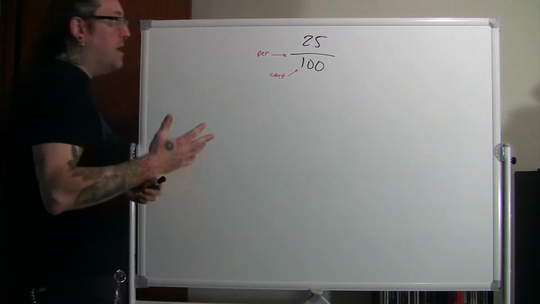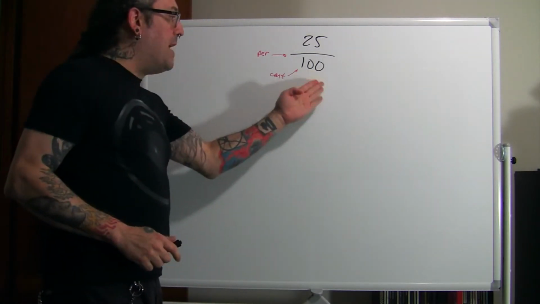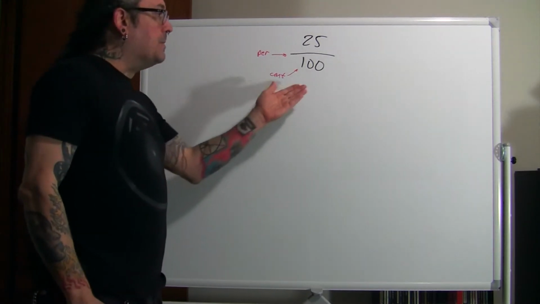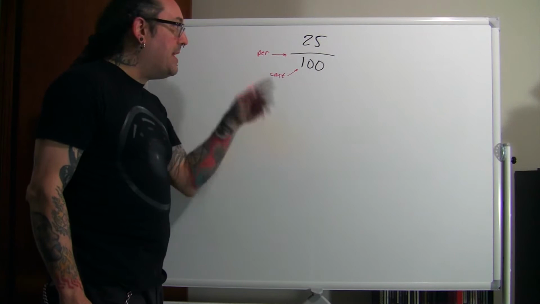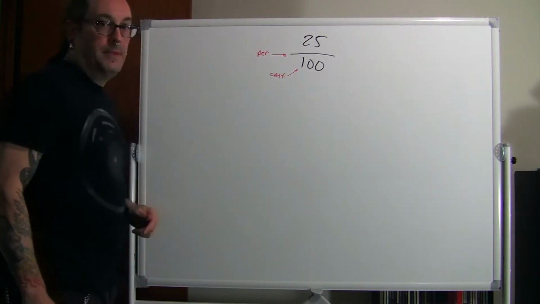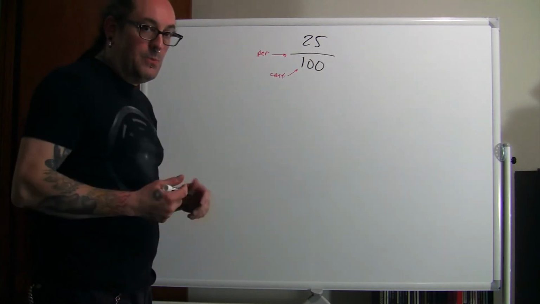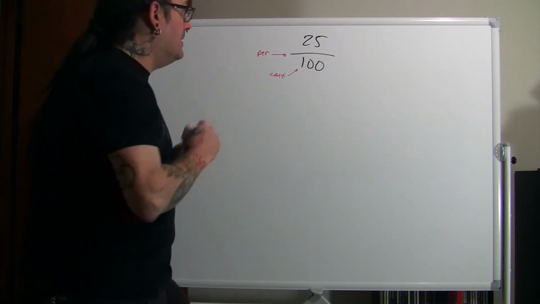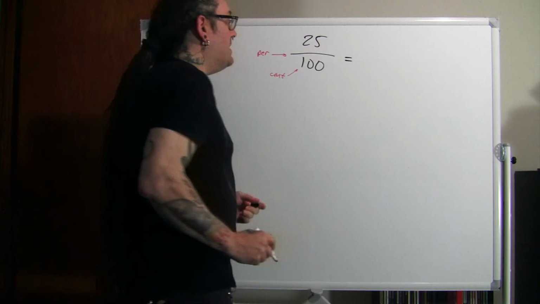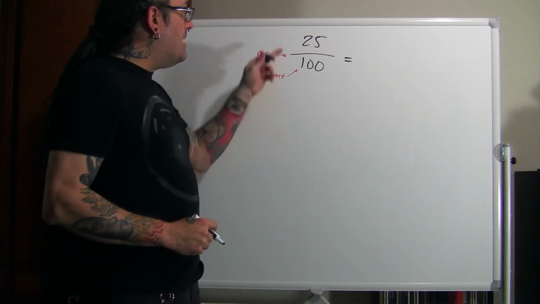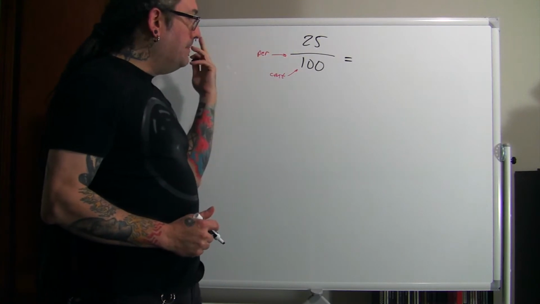To take this just another step further, what do we usually do with fractions when we have a problem on a test, and then we say that x equals 25 over 100? Well, generally that's not accepted in this form as an answer. Why? Because it's not simplified. I see that I can take this fraction and reduce it. This fraction can be divided by 25 on top and bottom.